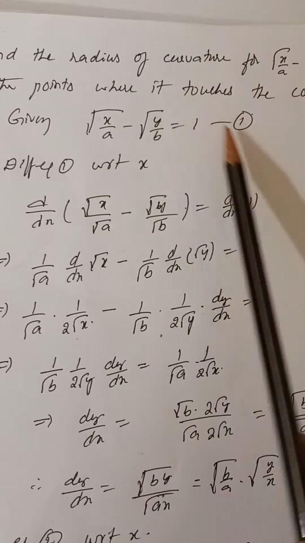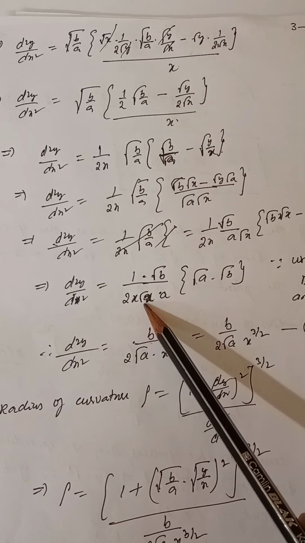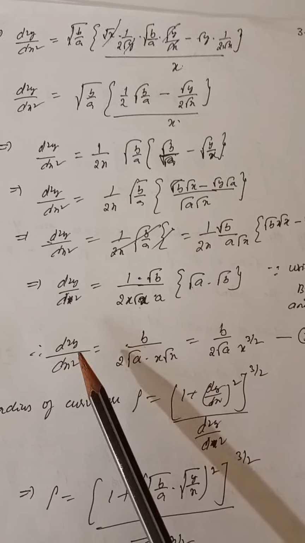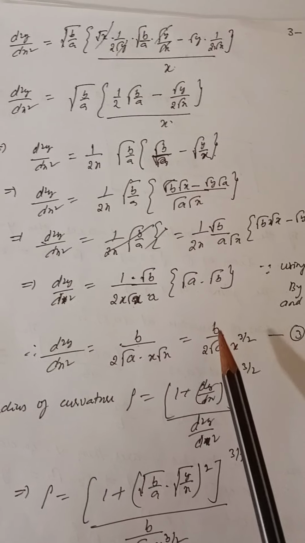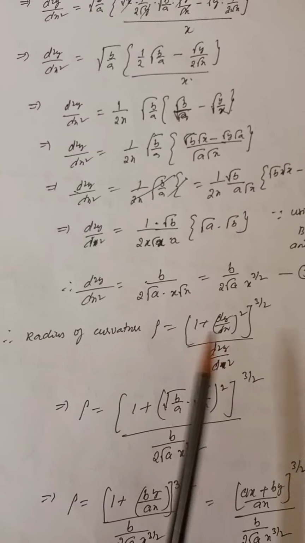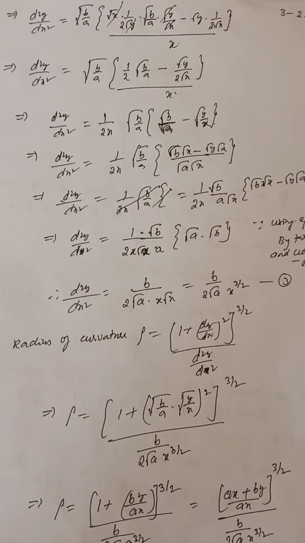See here. Now therefore d square y by dx square value is again b, root b into root b is b, right? Here root a by a, that means root a gets cancelled, x power 1 into root x, and root x means x to the power of 1 by 2. Now x to the power of 1 plus 1 by 2 is x to the power of 3 by 2. Therefore d square y by dx square is equal to b by 2 root a into x to the power of 3 by 2. Therefore the radius of curvature, we know the formula, (1 plus (dy by dx) whole square) to the power of 3 by 2 by d square y by dx square.